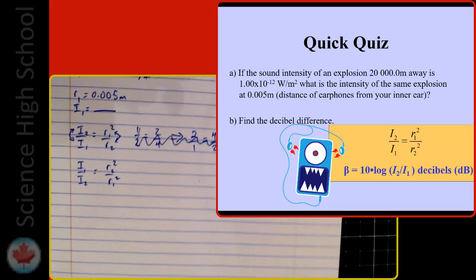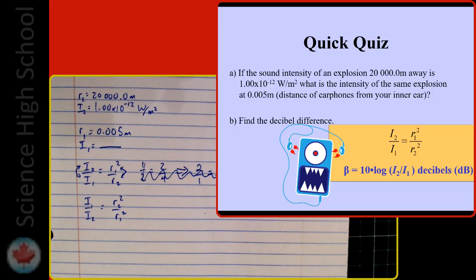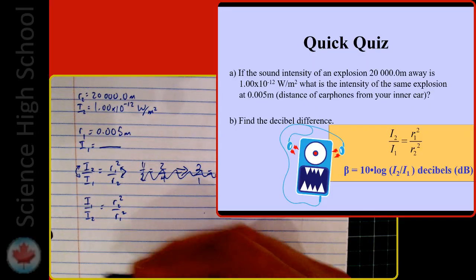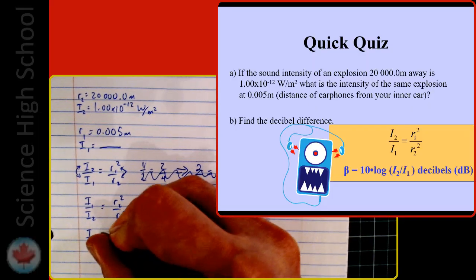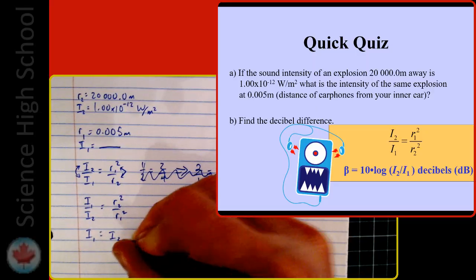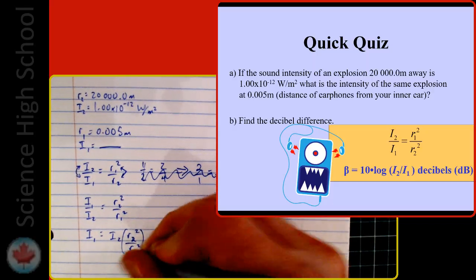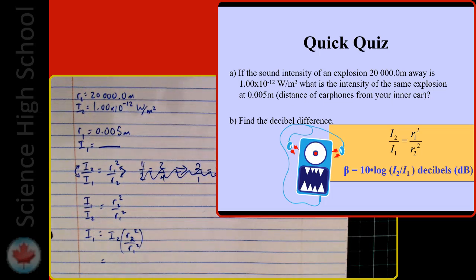Anyway, math. Okay, back over here. Let's sub in our values. I1 over I2. I wanted to get I1 all by itself, according to my givens. So I1 equals I2 times R2 squared over R1 squared. Subbing in my values.